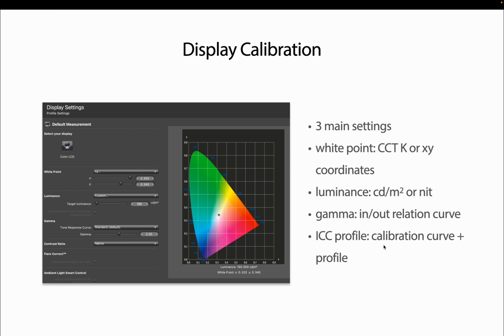So, two conditions must be met for an accurate color display: the calibration curve must be loaded properly, and the profile information must be read by the graphics software like Adobe Photoshop, Lightroom, etc.